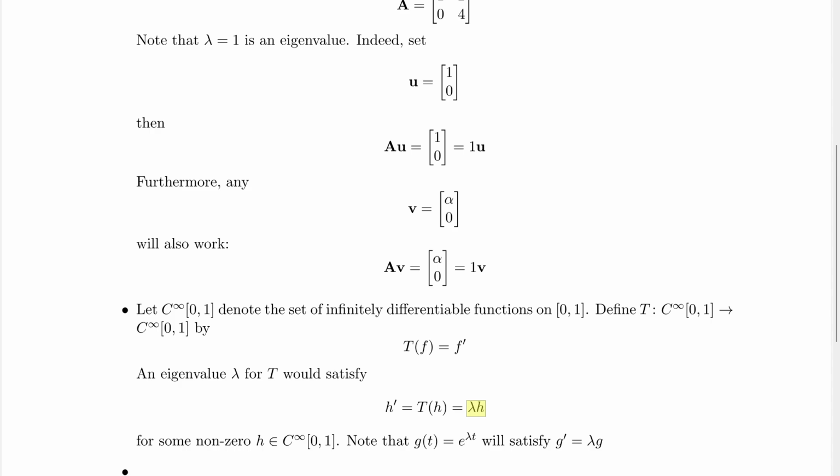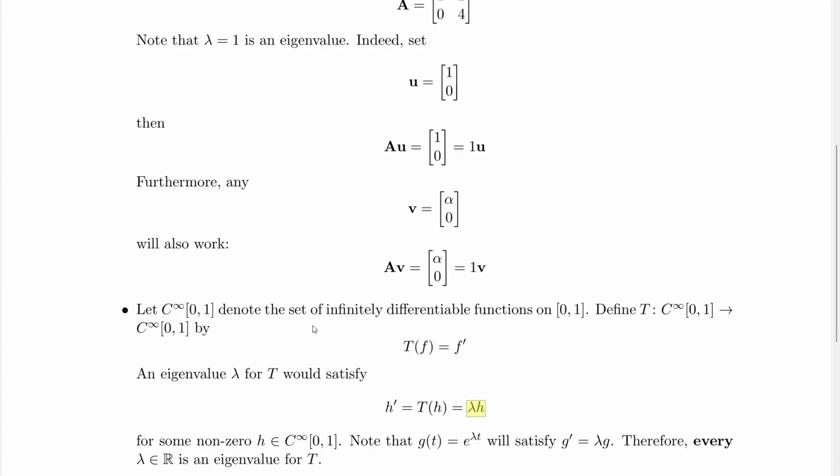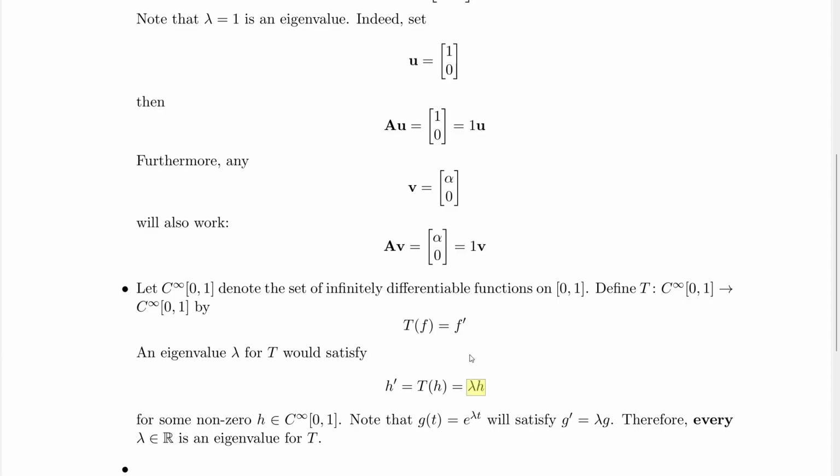And note e to the lambda t is obviously a non-zero function. So in other words, what we have here now is a linear operator that has every scalar as an eigenvalue.